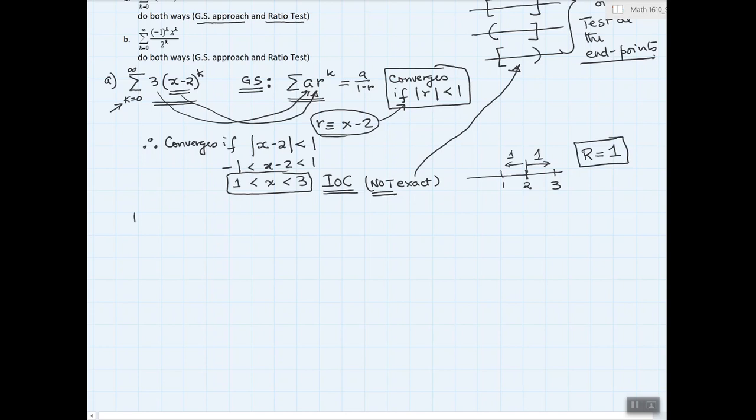So the answer for this question is r is equal to 1. Now we are going to do the same question using the ratio test. Again, let me remind you, the ratio test was that you take limit k going to infinity of absolute value of a_(k+1) divided by a_k. You find this limit and we called it L, and if this is less than 1, we have convergence.